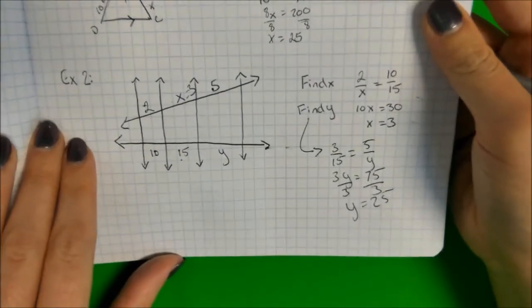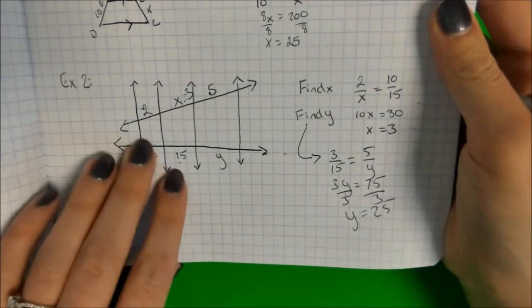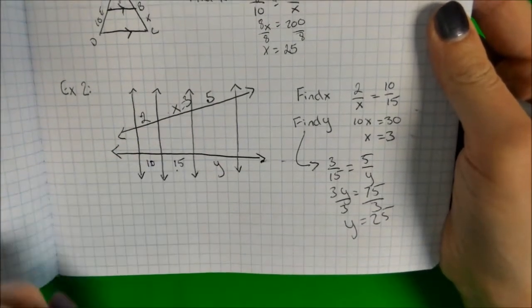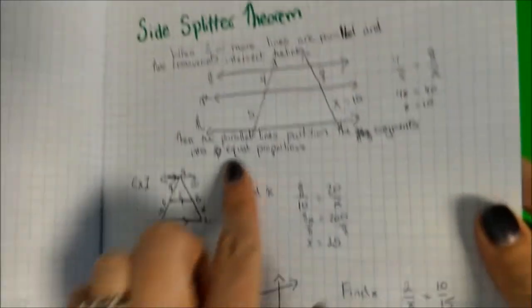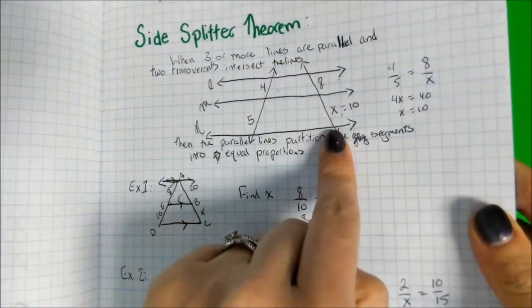So y is 25. Okay? So this is the same idea as what we were doing yesterday. I'm still setting up proportions. I'm just using this new idea of the side splitter theorem.